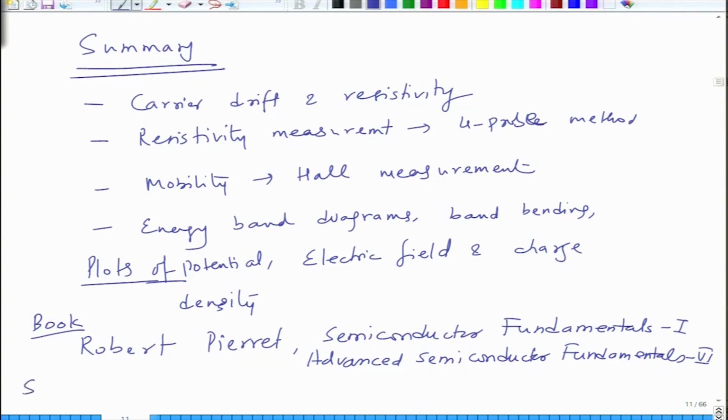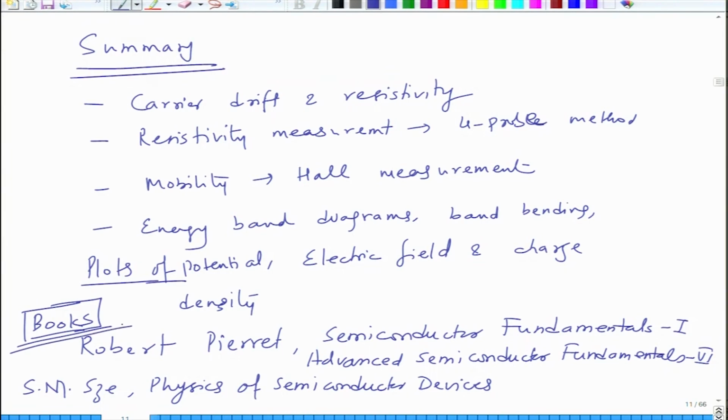You can also go through SMZ, Physics of Semiconductor Devices. This is again a very good book to give you an idea about semiconductors. These are a few books which may be useful for you to improve upon your understanding of semiconductors in general, especially these 2 volumes by Pierret, Semiconductor Fundamentals Volume 1 and Advanced Semiconductor Fundamentals Volume 6. These are really good books for improving your understanding of semiconductors.